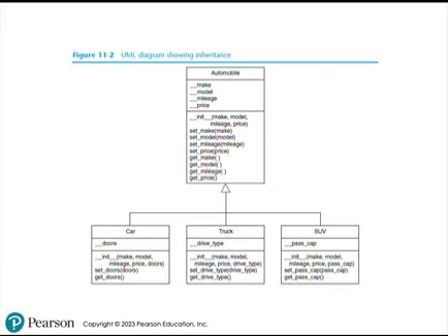And here we have an up arrow, which basically means car is an automobile, truck is an automobile, SUV is an automobile. And also another way to say that is car is a subclass of automobile, or car inherits from automobile.